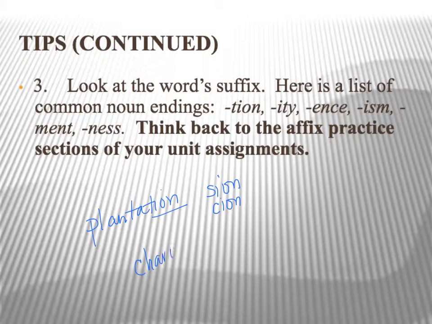You have charity, patience, socialism, government, happiness. And you can probably think of a lot of other words that have these suffixes, and think about how these words would be used in sentences, and you'll see that they are in fact used as nouns.